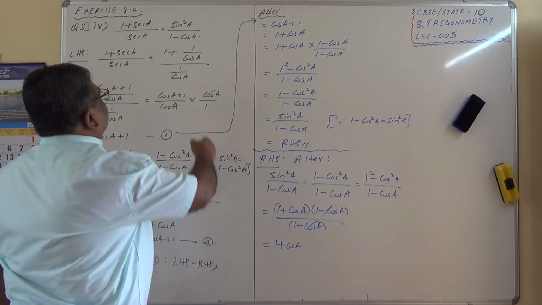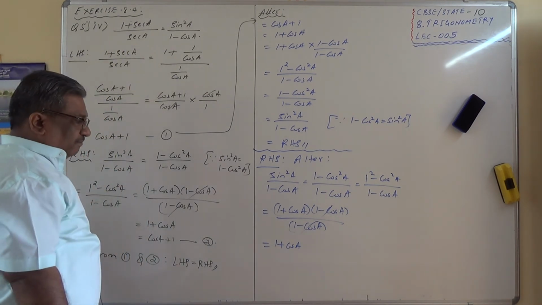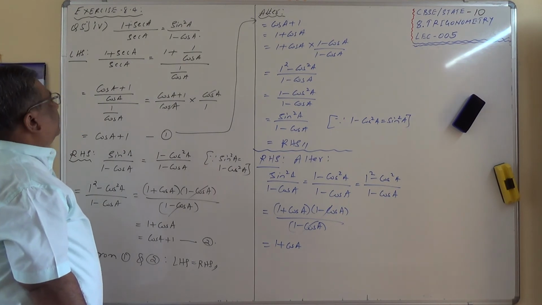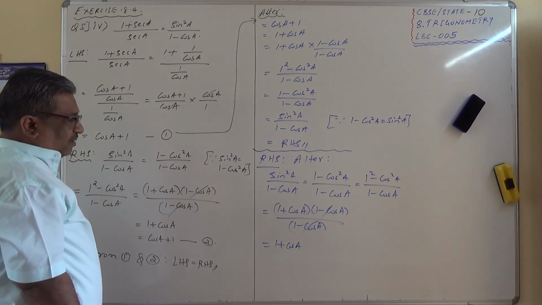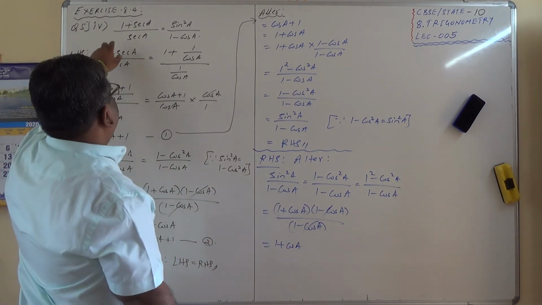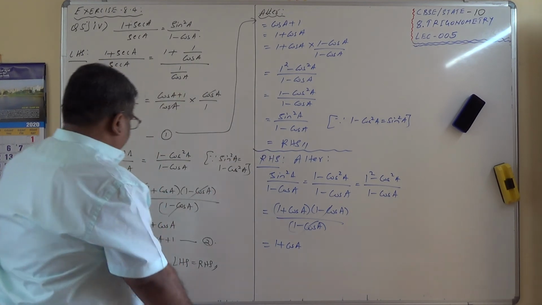But 1 plus cos A needs to be converted into 1 plus secant A by secant A. How to do this? Let us check if it is possible. Otherwise, this method I will discard.